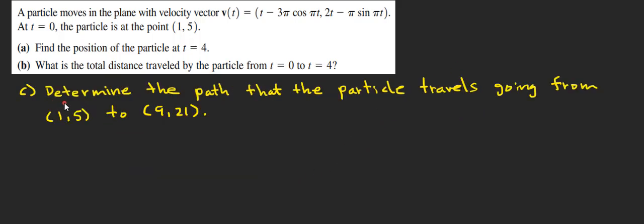Now let's say they want us to determine the path that the particle travels going from 1, 5 to 9, 21. Now notice 1, 5 refers to when t equals 0, and 9, 21 refers to when t equals 4. And in order to find the path, we need to find the position from the velocity.